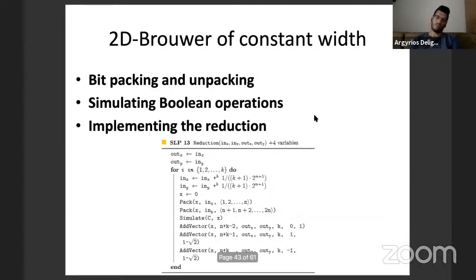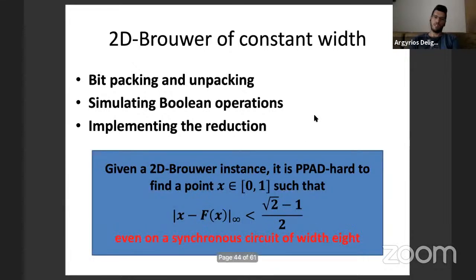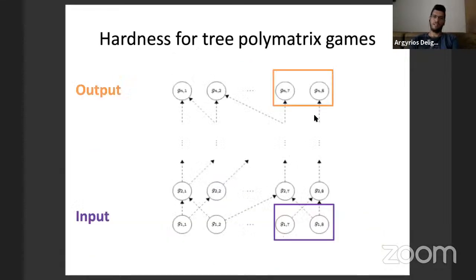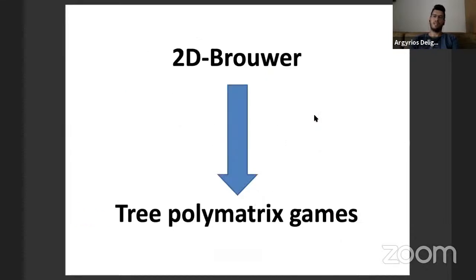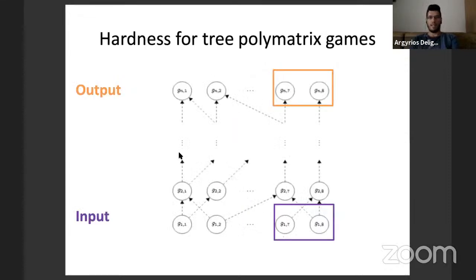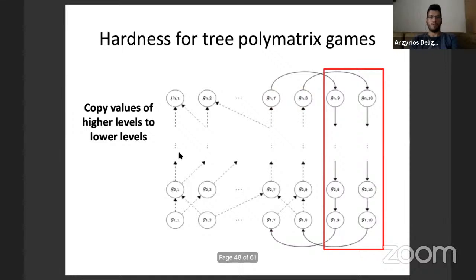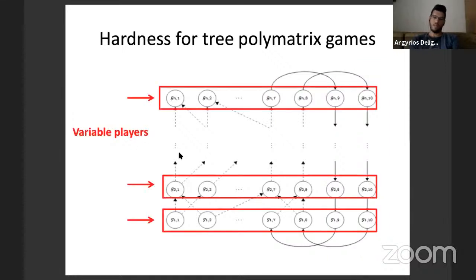The second difficult and technical thing was how to represent the arithmetic circuit via a 3 Polymatrix game without the use of cycles. And this was done by creating suitable gadgets.